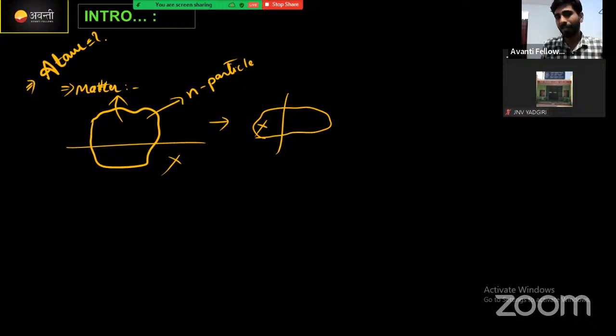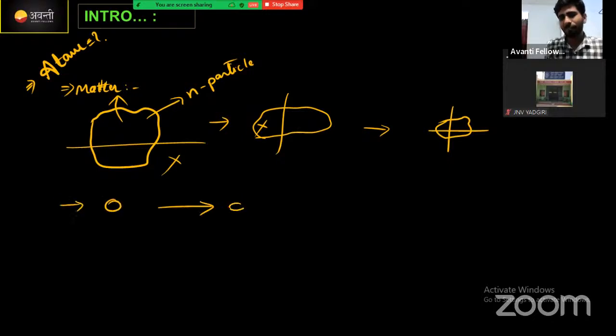Now how much part did we get? A small part. Again I tell him to break this matter, and again he is breaking, until he gets one small particle. At one certain condition, he gets one small particle. Now this is the smallest particle.